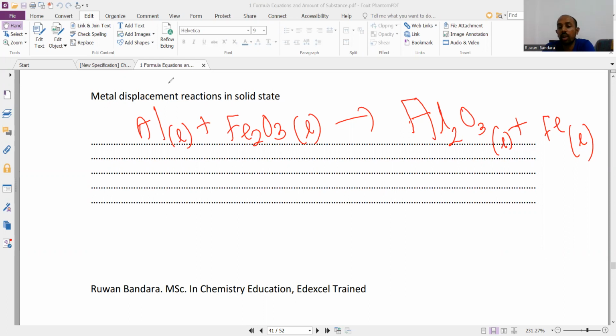What is the ionic equation for this reaction?